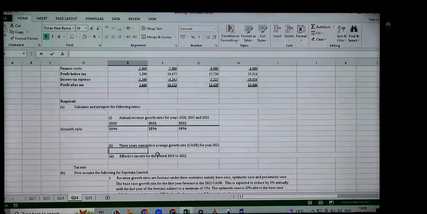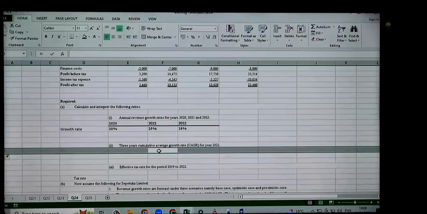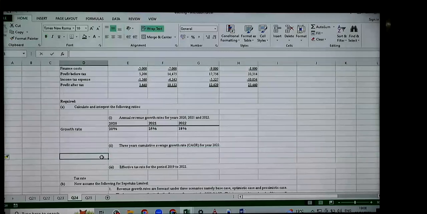Then the next part, we use Control Shift plus to add some spaces. So the CAGR, the cumulative average growth rate, cumulative is just additions.